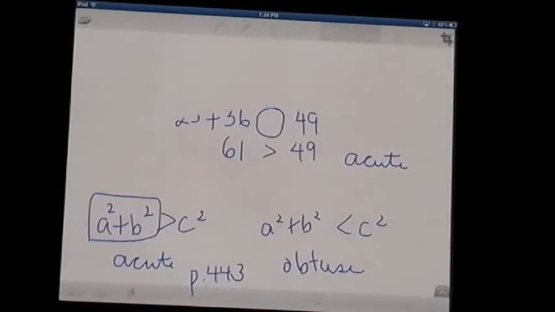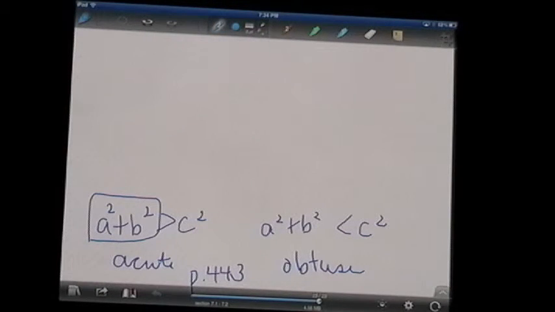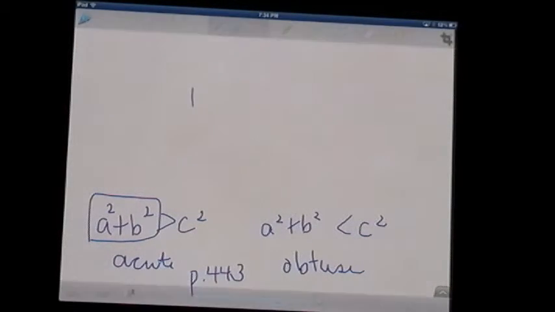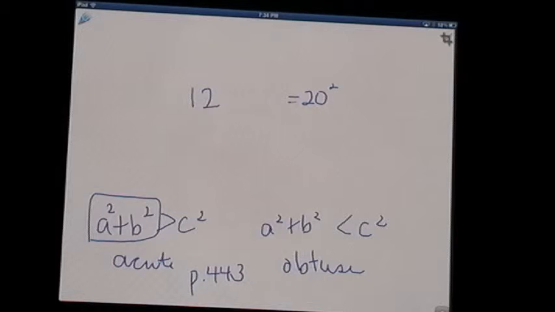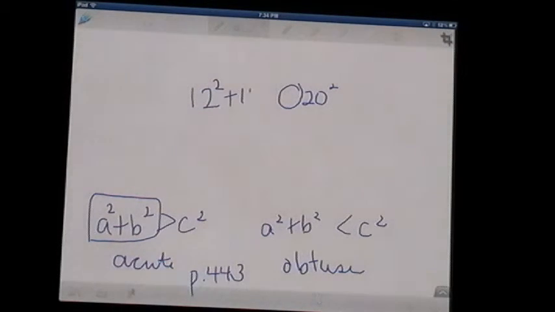Okay, I'm going to erase that one and do another one. Okay, number 19. 12, 16, and 20. The longest side we have is 20, so we're going to do 20 squared, and we should put a circle there because we don't know, 12 squared, 16 squared, and 20 squared.